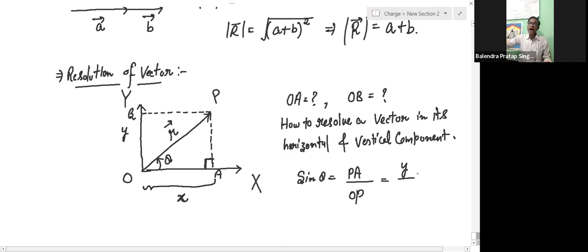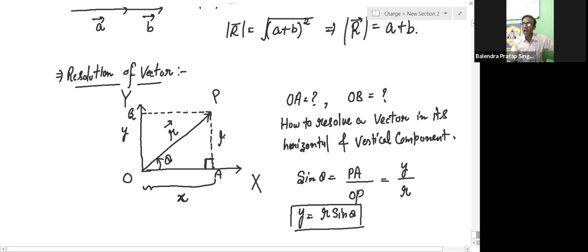OP is our hypotenuse, the diagonal, which is R. Here I'm talking only about magnitude, so R. So y by R. So the value of y, which is our vertical component, is R sine theta. You can write this vertical distance as R sine theta.